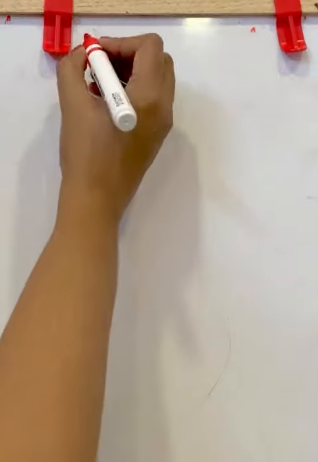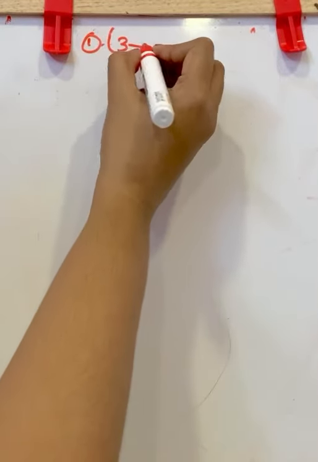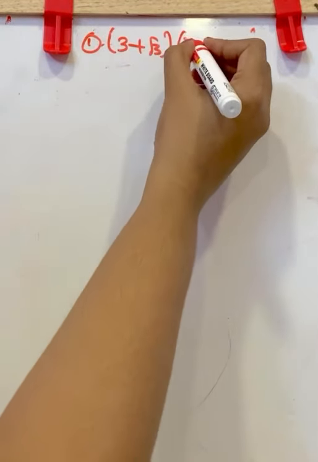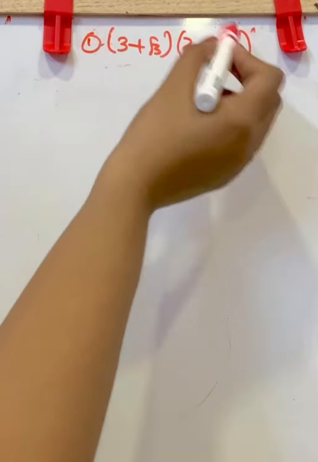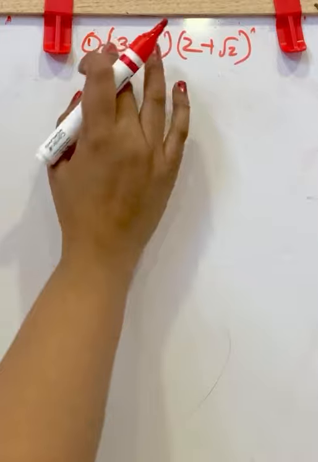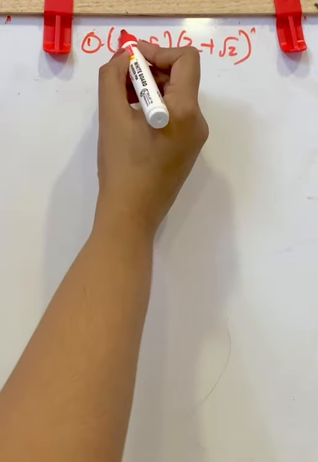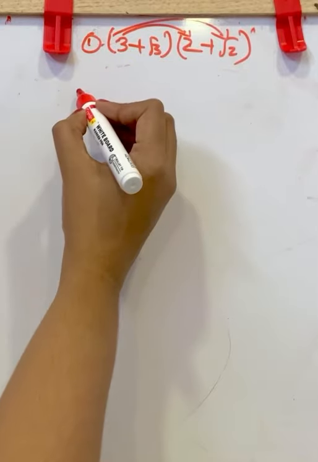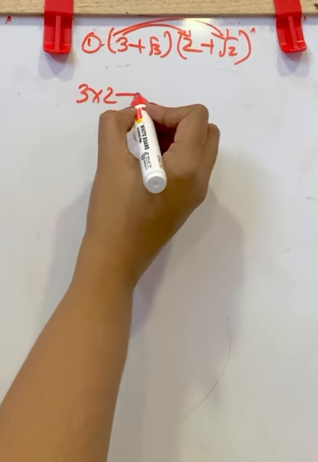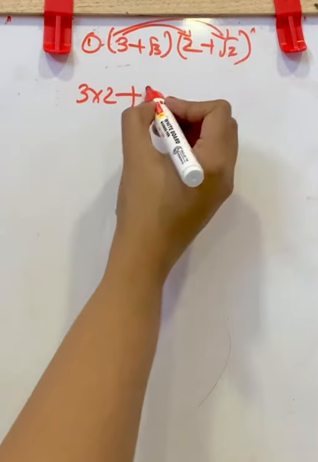Next is simplify each of the following expressions. First one is 3 plus root 3 into 2 plus root 2. Here you want to distribute this. That is from one bracket you have to distribute to another bracket. First you will distribute with 3. That is 3 into 2 plus 3 into root 2.